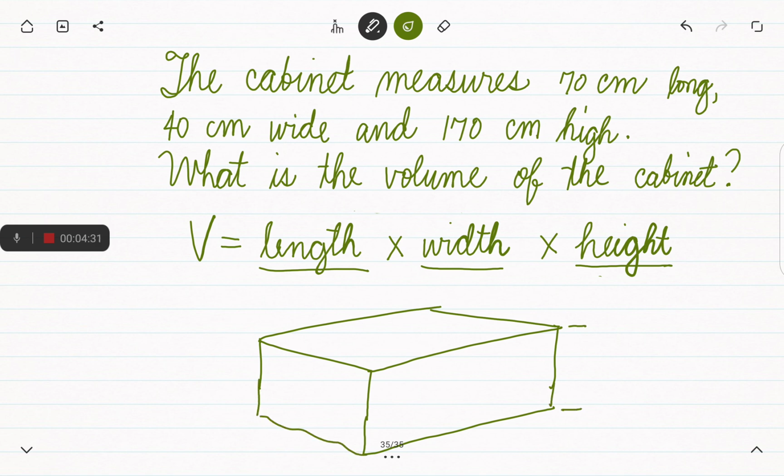This is the height. This is 170 centimeters per height. This is the length.